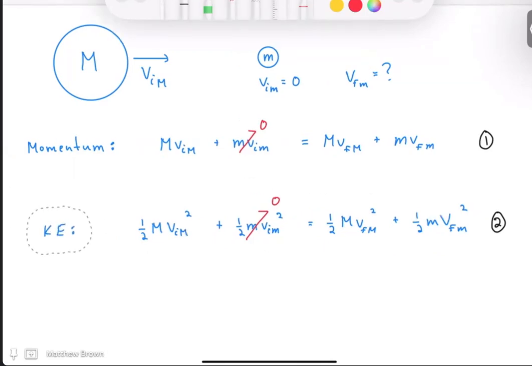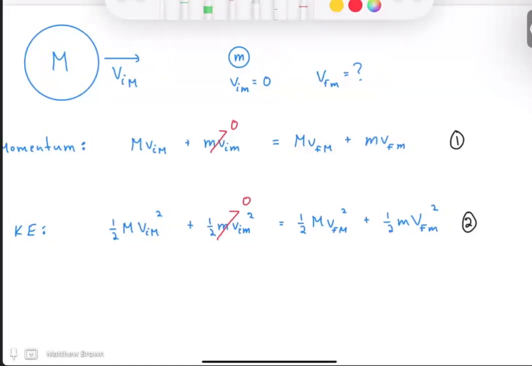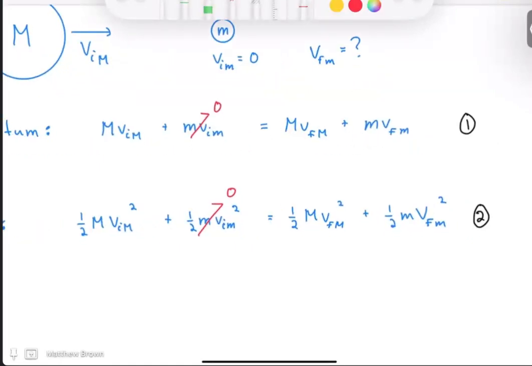If we look at equation 1, what I might do is say, look, I've got big M on the other side, I really just have this one term. So what I can do is divide through by big M every term. And then here they cancel, here they cancel. And on the left side of this, I'm left with just V initial.